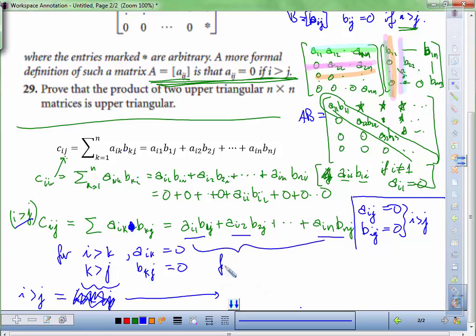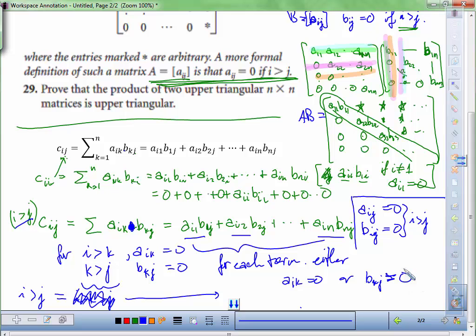So for each of these terms, either a_ik is equal to 0, or b_kj is equal to 0.